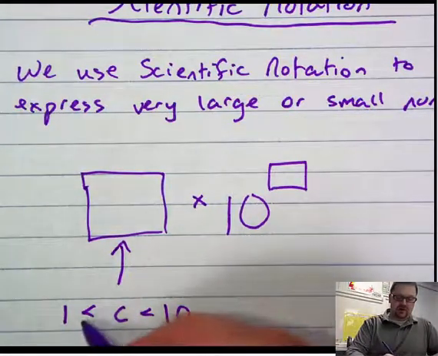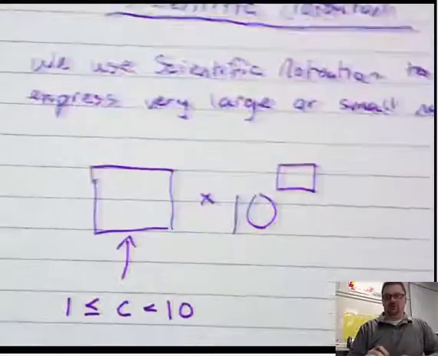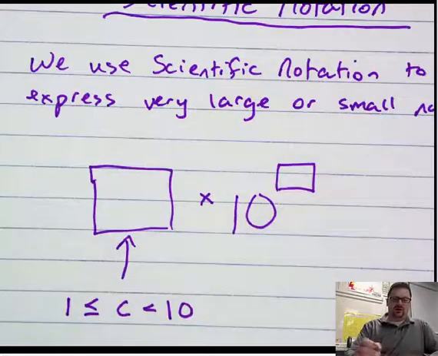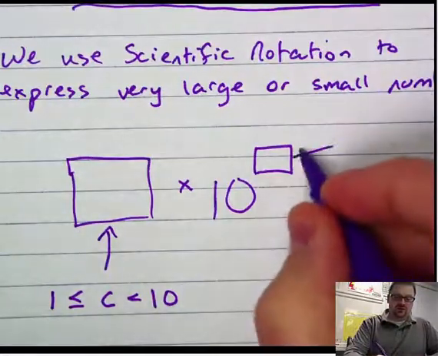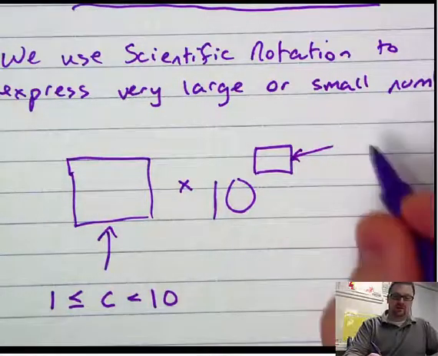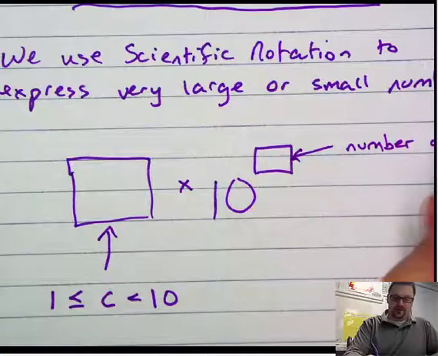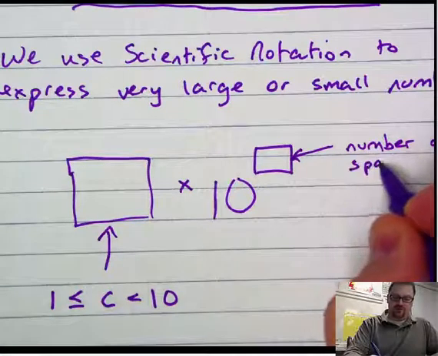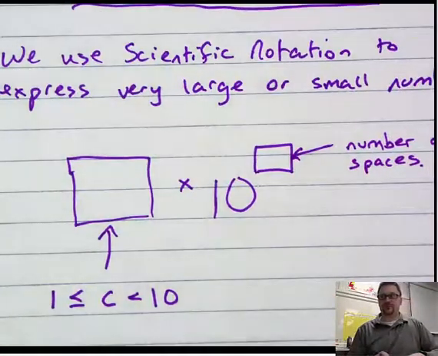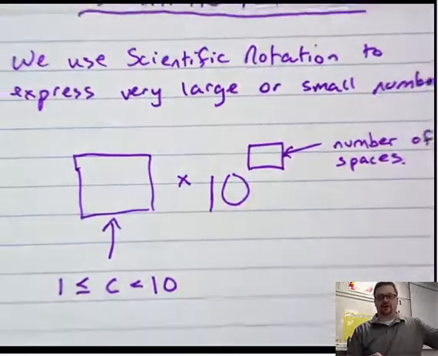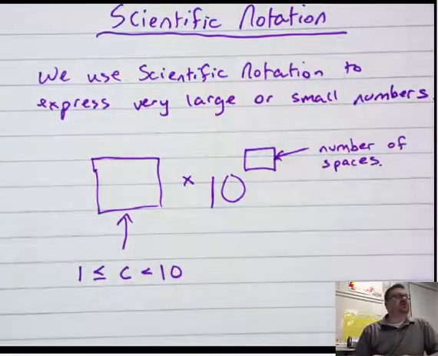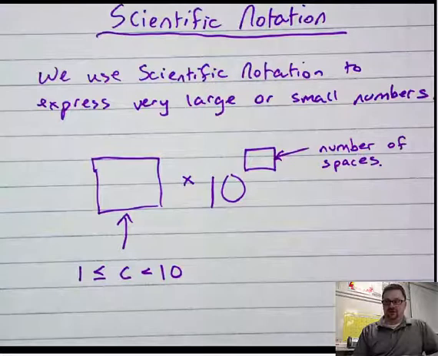Actually, it can be equal to 1. So larger than or equal to 1 and smaller than 10. And the exponent here, there's no restriction on what the exponent can be, but this represents the number of spaces that we're moving the decimal. Okay? So there's our general idea for what scientific notation actually is.